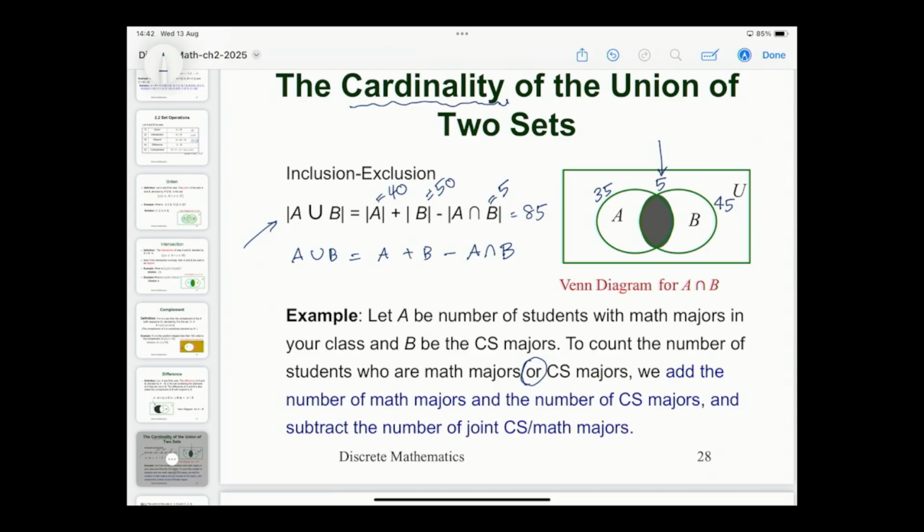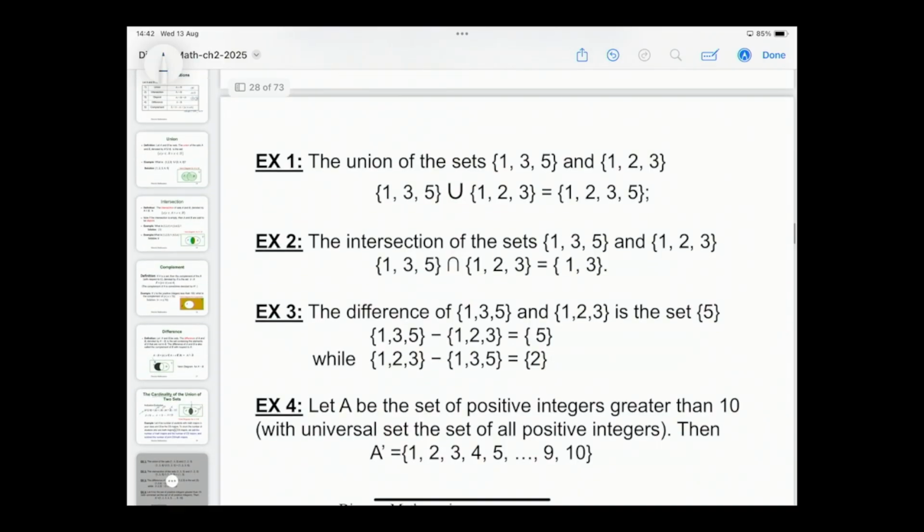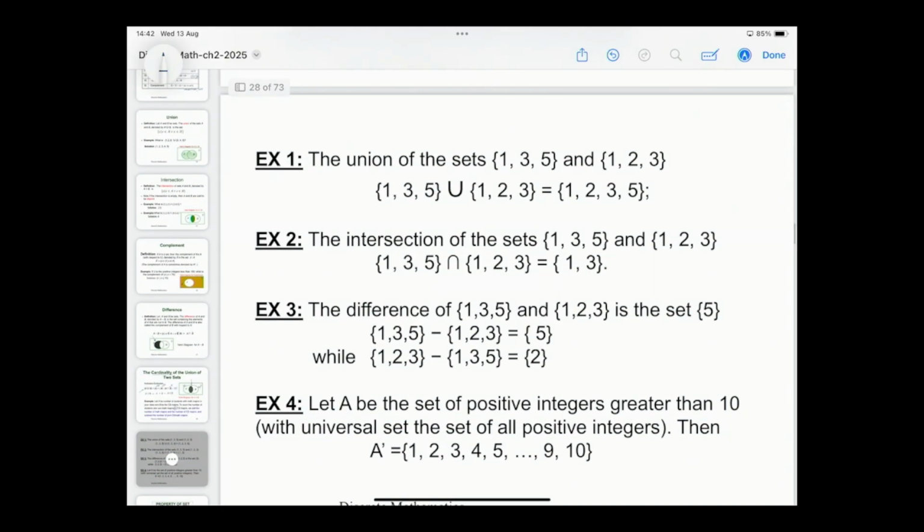Right? So that A is 40. And then in this slide, we see simple examples for the union, intersection, the difference, and the complement of the set.